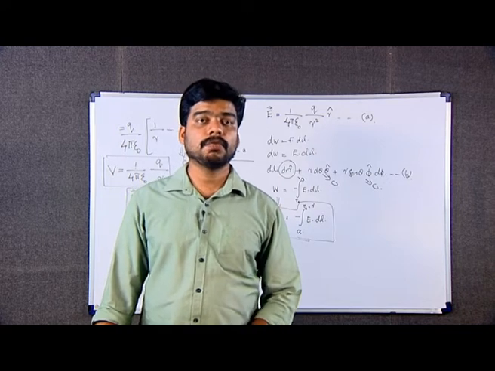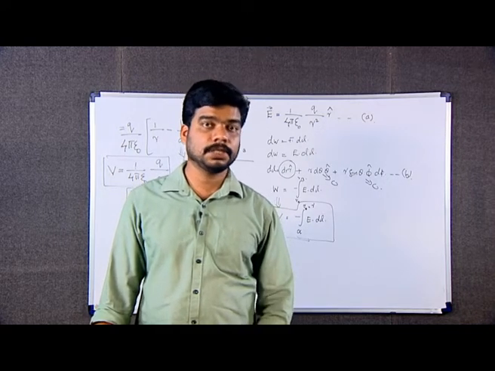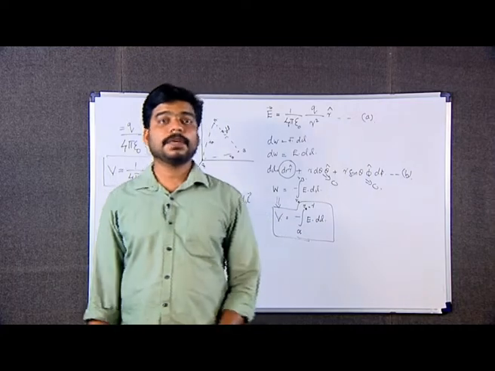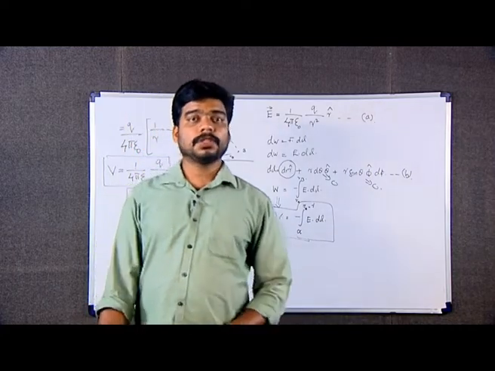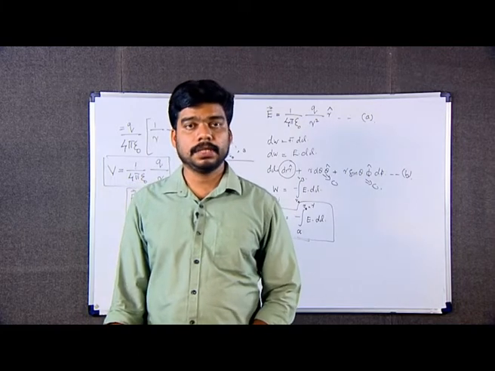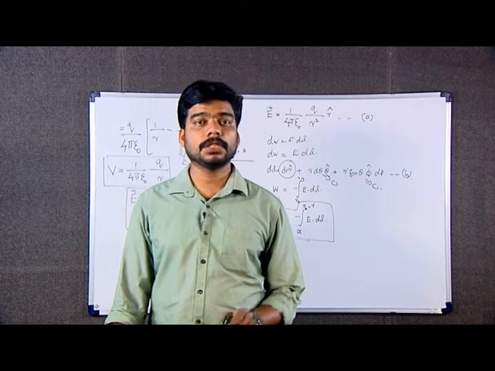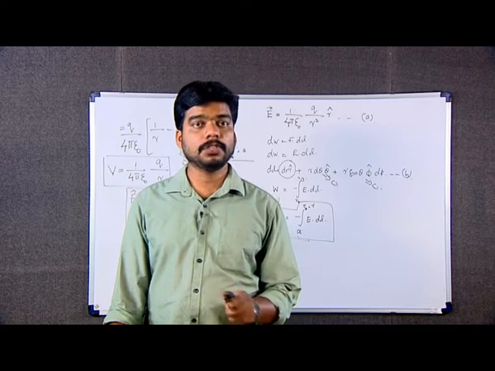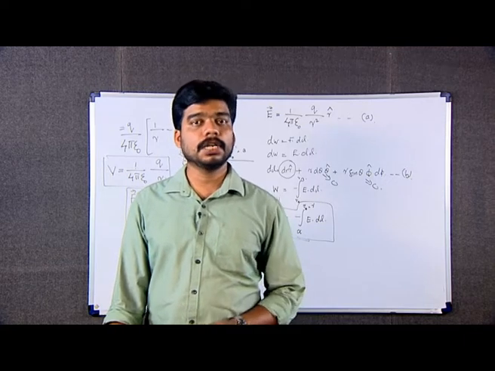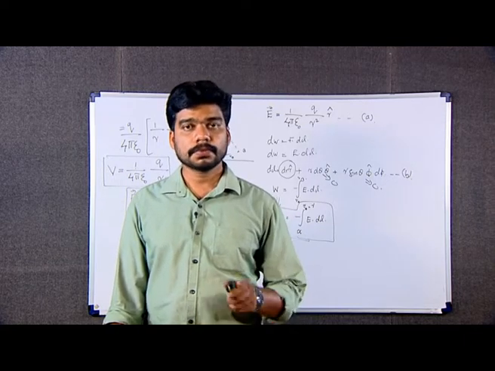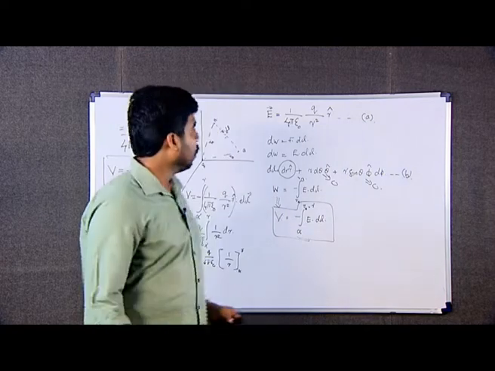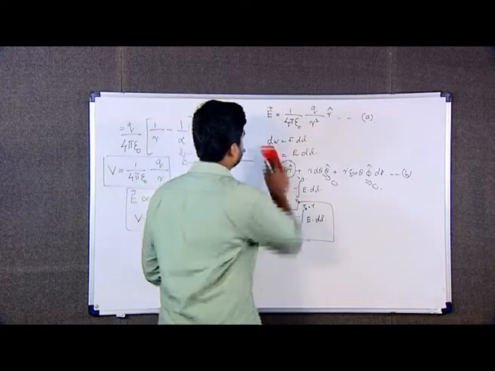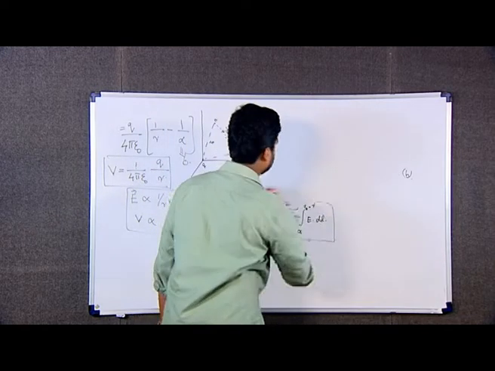Now, we will discuss what the potential difference is. The potential difference is defined as the work done on a unit positive charge between 2 points. If the unit positive charge is moved from point A to point B, then the potential difference is equal to Vb minus Va.